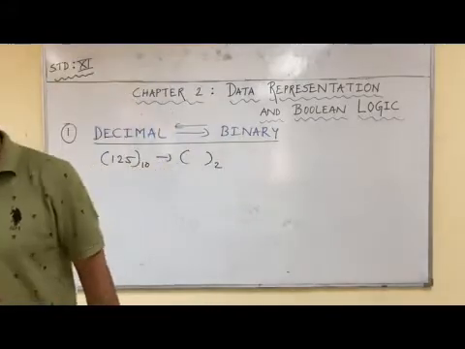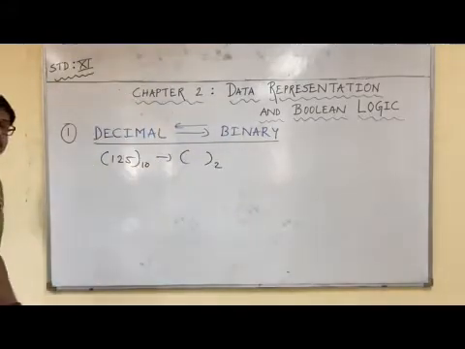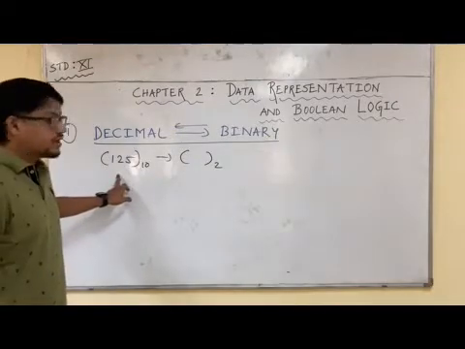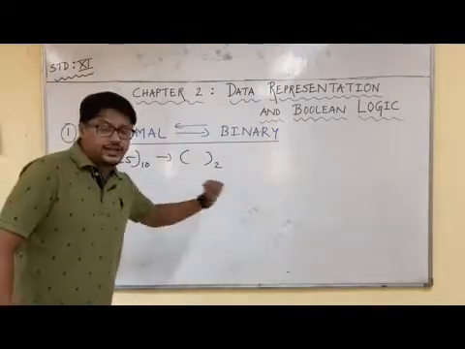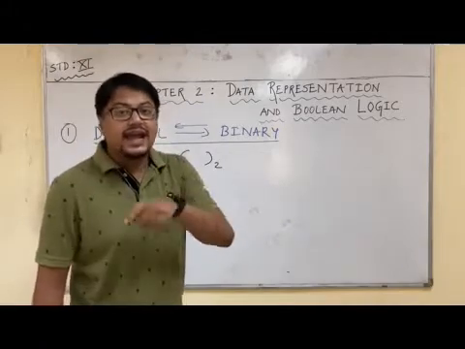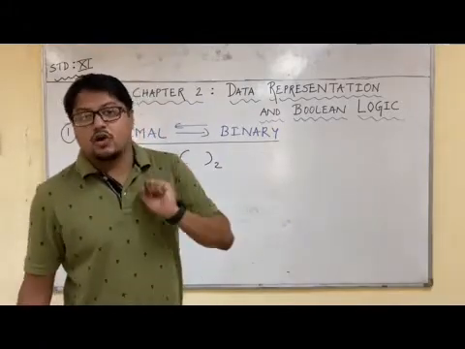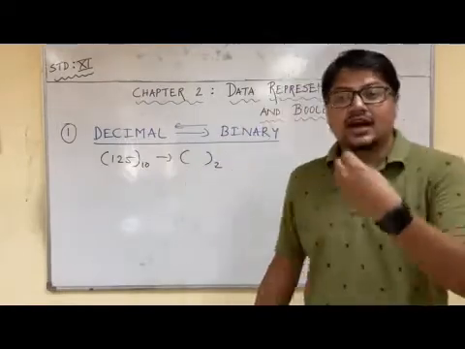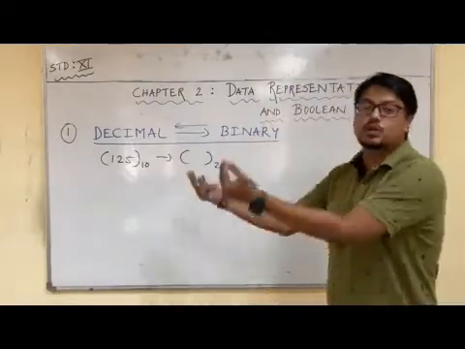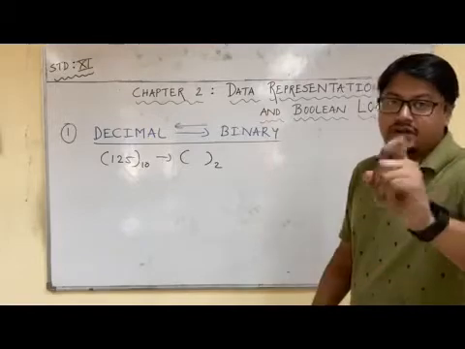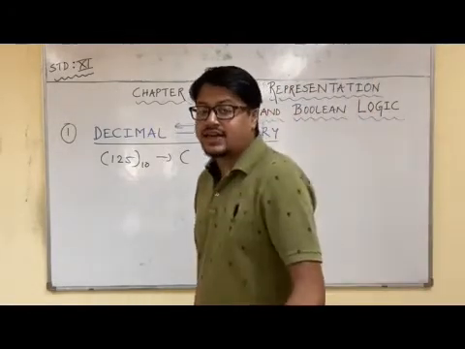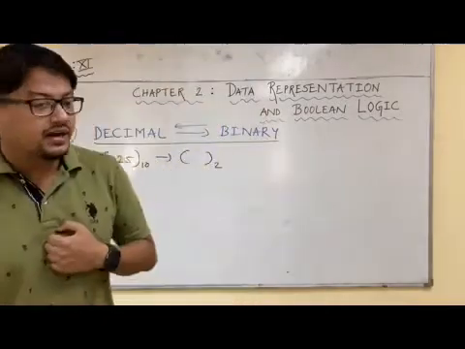In the same way, whenever we are converting decimal to octal, we will divide by 8, because octal has 8 digits. Similarly, whenever we are converting decimal to hexadecimal, we will divide by 16, because hexadecimal has 16 digits.